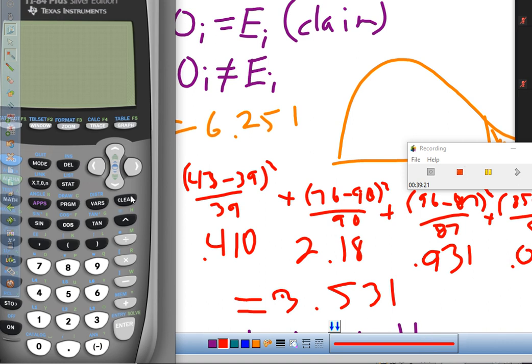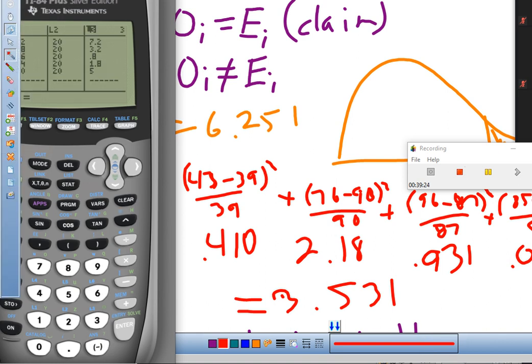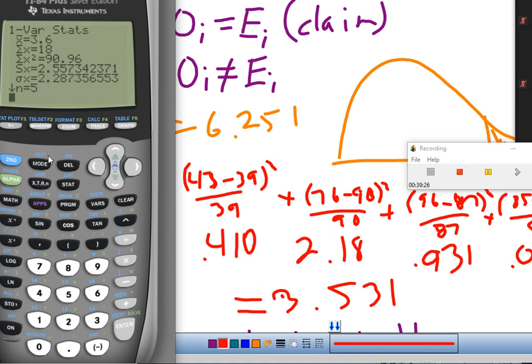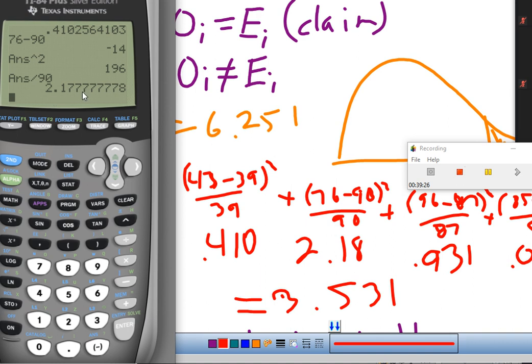So I'll go ahead and clear. 43 minus 39, enter. And I'm going to raise that to the second power, enter, and I'm going to divide by 39. So that's my first one, 0.410. And then the next one, 76 minus 90, enter, raise it to the second power, 196, and then I'm going to divide by 90. So that's the next one, 2.1777, 2.18.